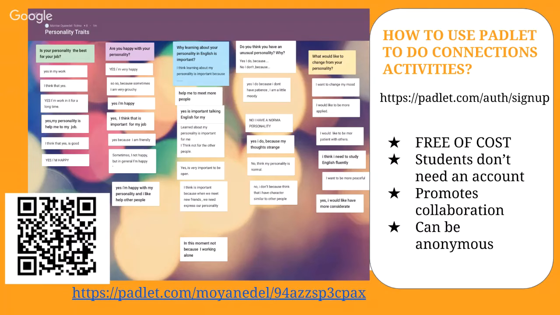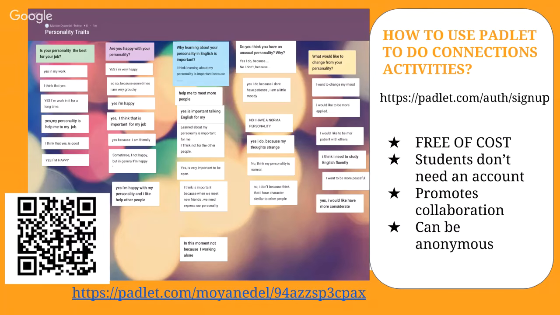I use Padlet because it's free of cost, and the students don't need an account to participate. It promotes collaboration, and I also set the Padlet to be anonymous, so the students don't need to share their name, because as I mentioned, I have a multi-level class, and some students are very shy and get competitive, and others get intimidated by the ones that know more. So in order to have a balance, Padlet is working great.